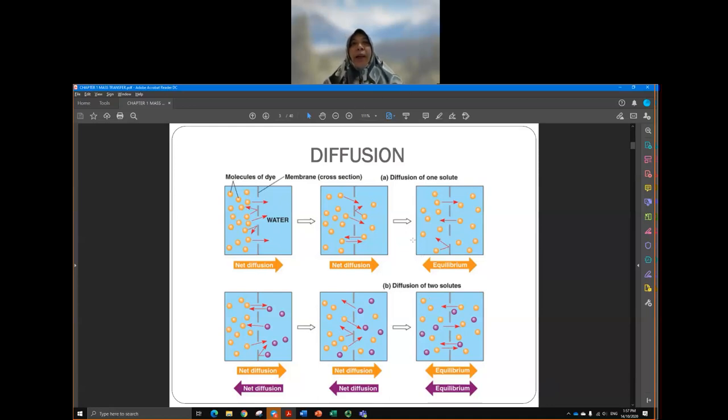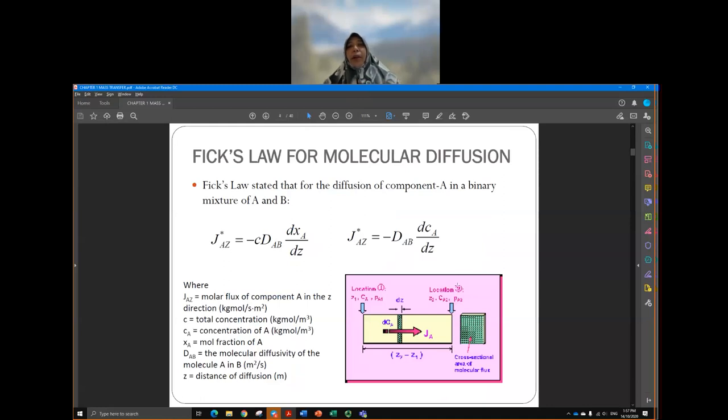Okay, all right, so this is the last part of this lecture. We're going to look at Fick's law for molecular diffusion. So we're going to use Fick's law. This is the general equation of Fick's law, right? You have Ja representing the molar flux of component A, and C is the total concentration.